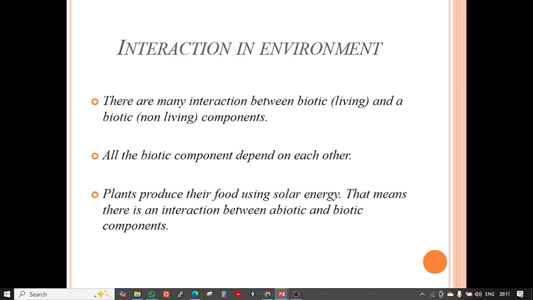By the combination of the abiotic things and the biotic things, they produce food for survival and energy, which can be transferred from one level to another level. All other organisms depend on each other, as well as on the abiotic components.